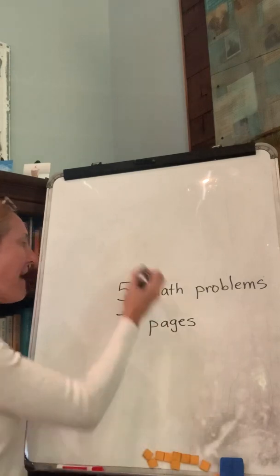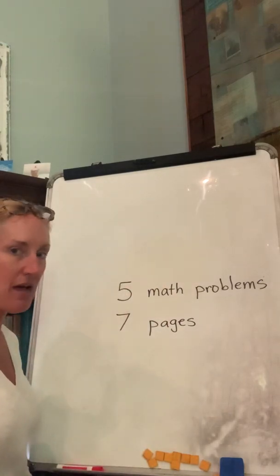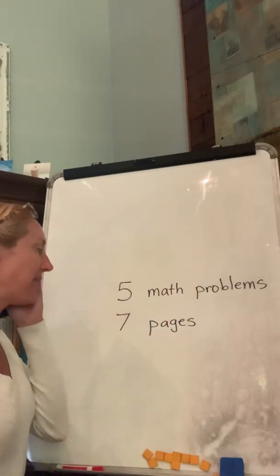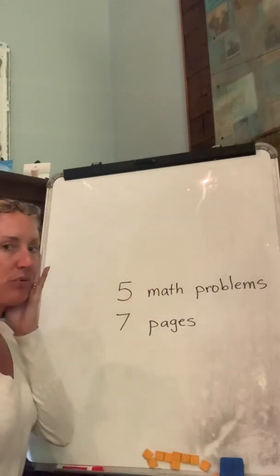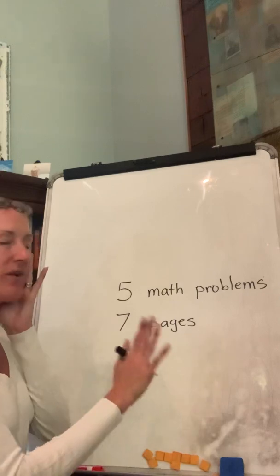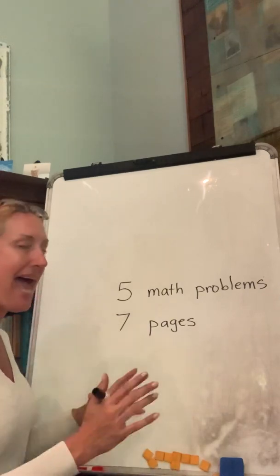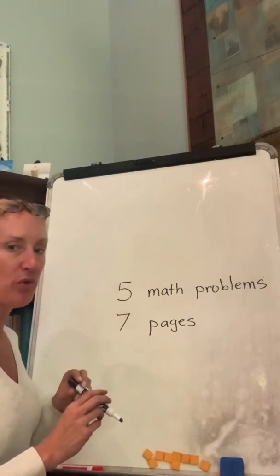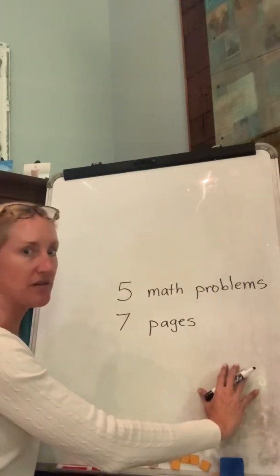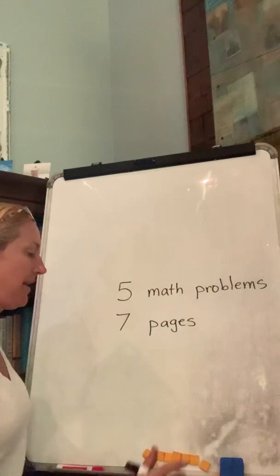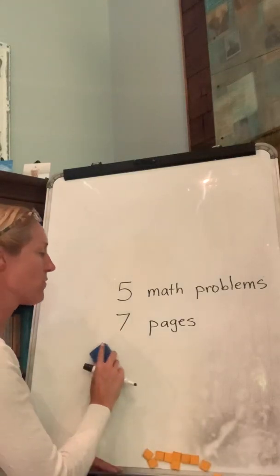So how many math problems has she done? Now think about that. If you have to draw the 7 pages and put 5 problems on each page, whatever it takes to help you figure out, do we add, subtract, multiply, or divide? And I want you to write out your equation and solve it for me. Okay, so that's that problem.